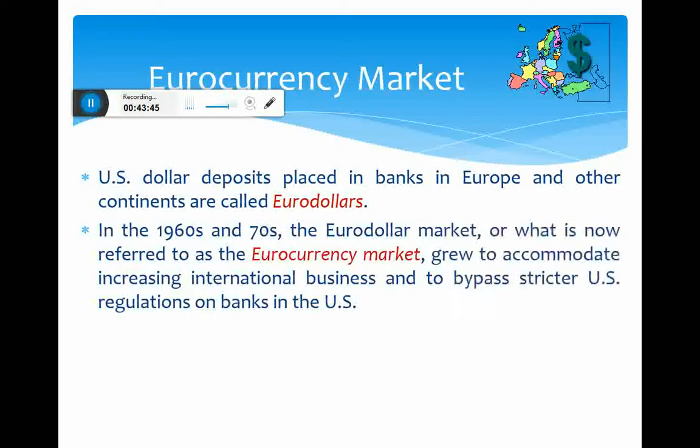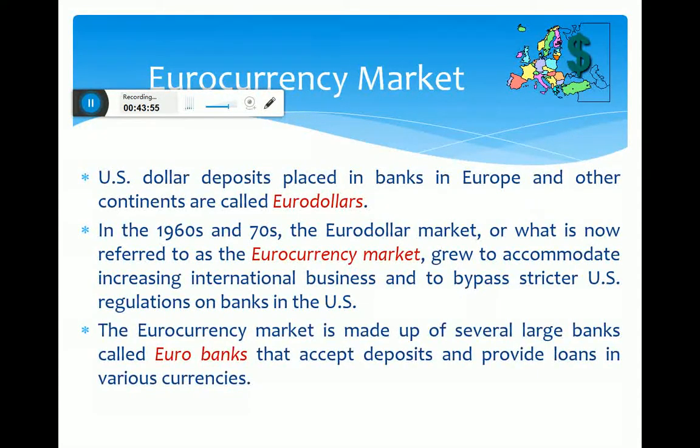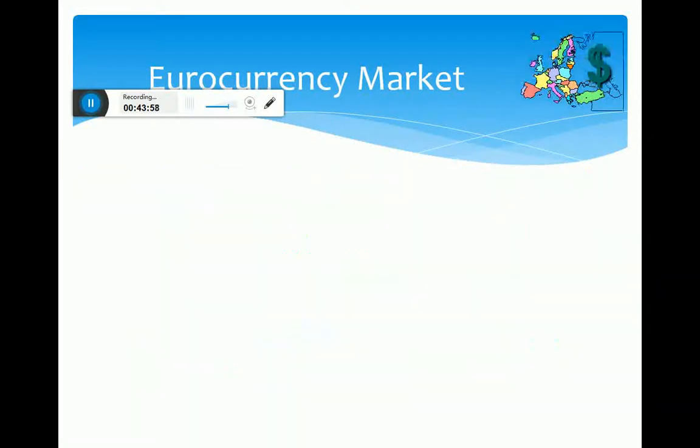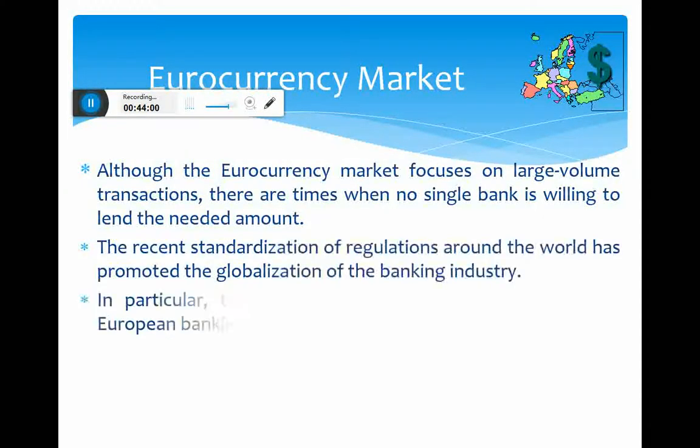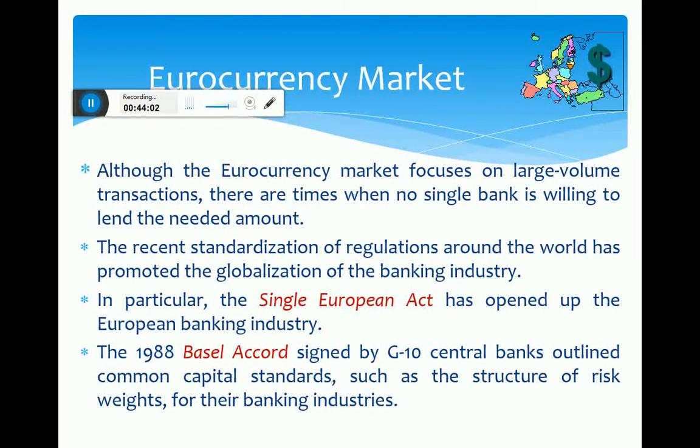And we say that there are Eurodollars and there is the Euro currency market or Eurodollar market or Eurodollar banks or Euro banks. We discussed that, and we had a discussion on the Single European Act and the Basel Accord and what their main purpose was.